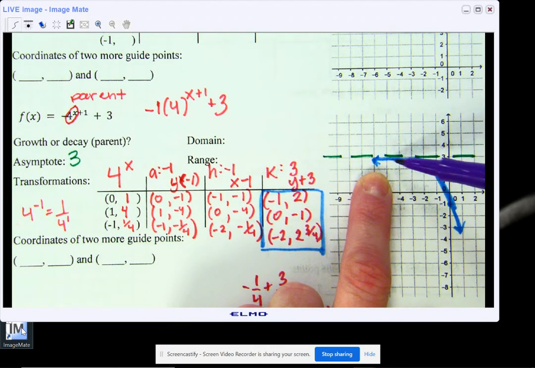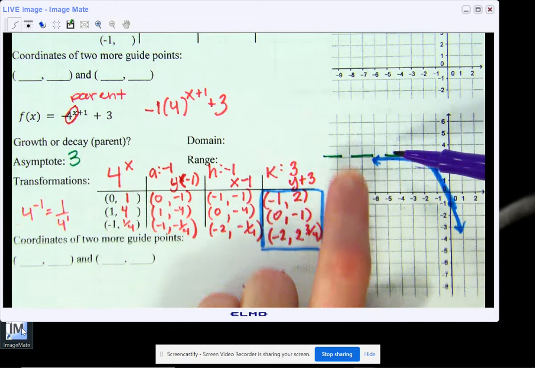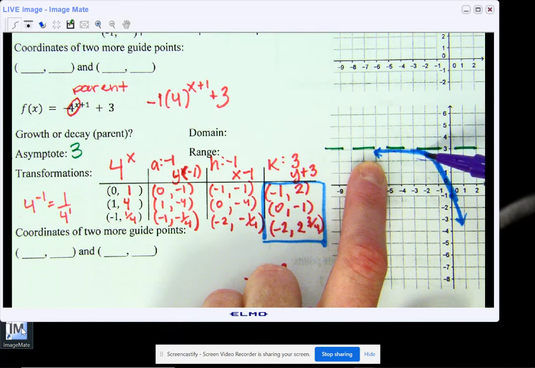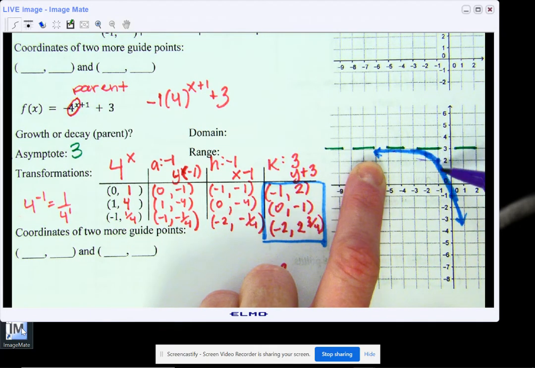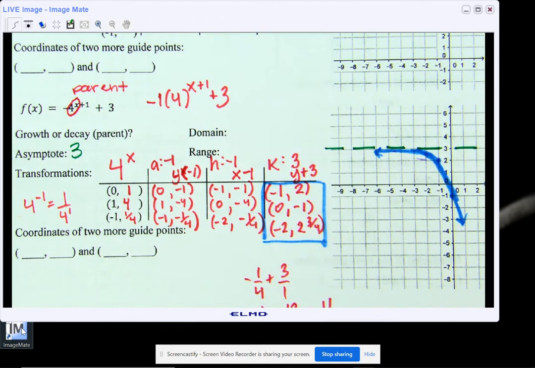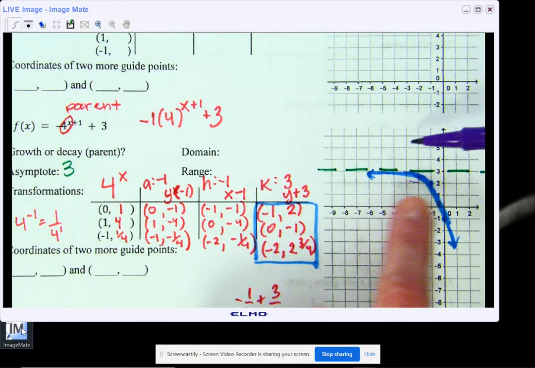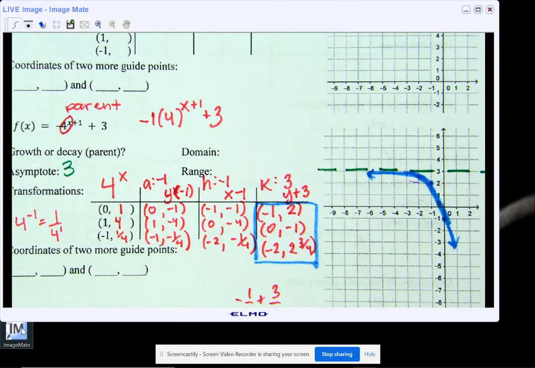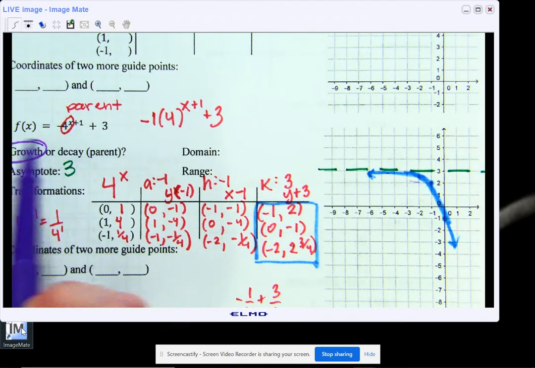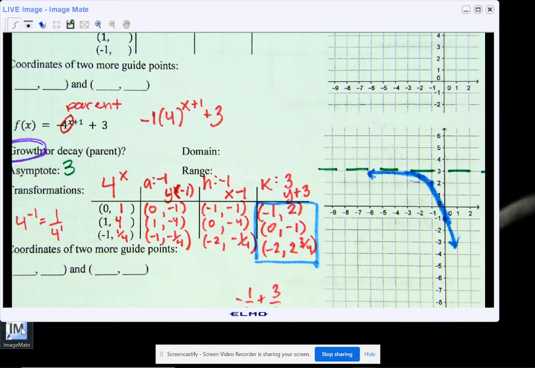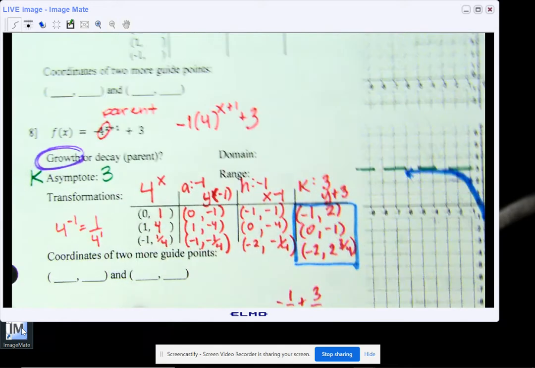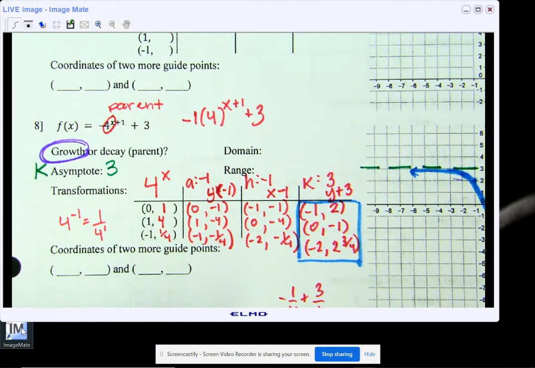This flat spot means that my numbers are really, really small, like tiny microscopic numbers. So these tiny microscopic numbers, even though they're going into the negatives, are getting further away from being microscopic. So that's why it's a growth. Anytime our curve moves away from the asymptote, it's a growth, right? And we'll come back to why the parent function tells us that.